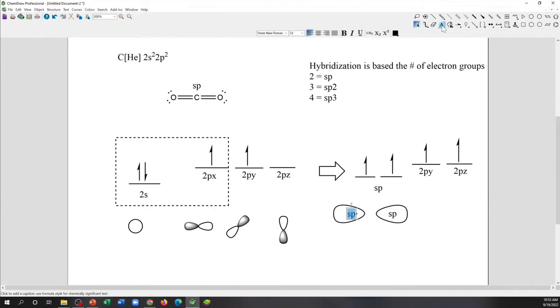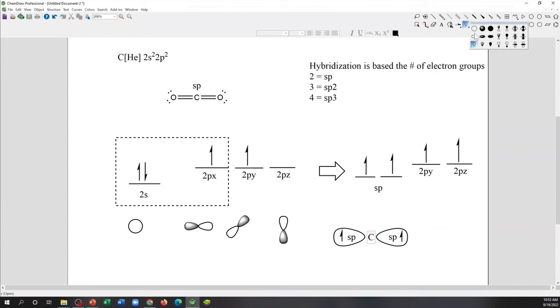We have a carbon in the middle. This is the nucleus of the carbon. Each of those sp hybridized lobes has a single electron in it. And we also have the other 2 lobes, the 2py and the 2pz. They did not get hybridized, so they are unchanged, and they're still centered around the nucleus of the carbon.